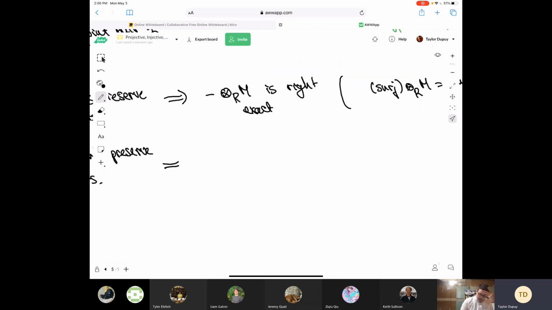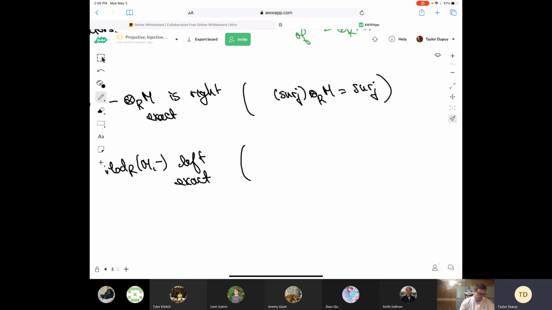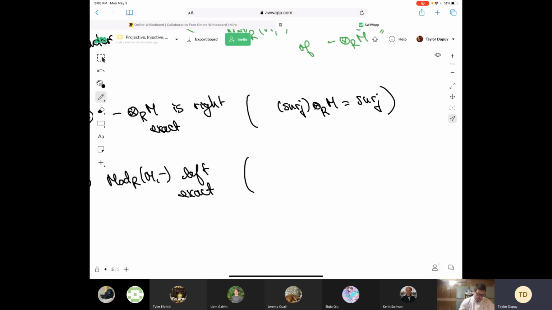Okay, and here we have that this thing is left exact. So injections go to injections, but we already knew that because representable functors preserve limits as well. So this was injections, Hom in Mod R. Mod R injections.